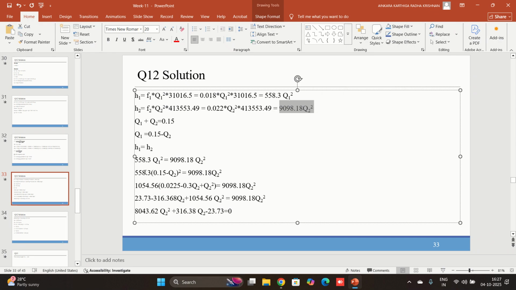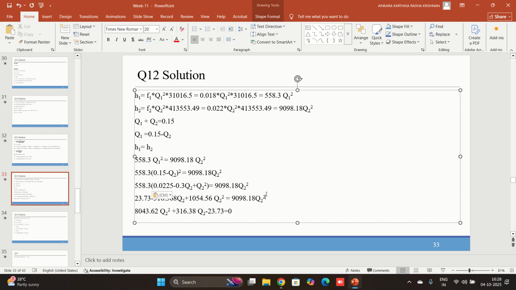After that it is 558.3 into (0.15 minus Q2) whole square equal to 9098.18 Q2 square. So 0.15 minus Q2 whole square becomes a minus b the whole square equal to a square minus 2ab plus b square. So 0.15 square is 0.0225 minus 2 times 0.15, it is 0.3 Q2 plus Q2 square. So after that we are getting this equation.